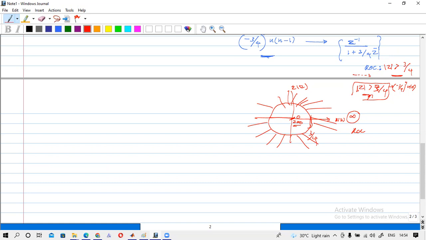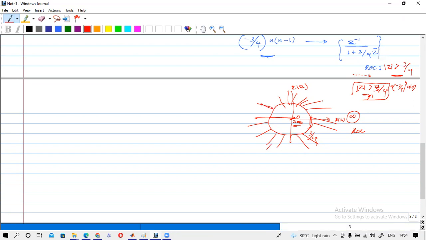No need to find the ROC, but you can estimate the ROC using the property. If we get the original ROC, it will be greater than 3 by 4, this colored dark region. For this one, infinity is in the ROC because it is outside, but 0 is not in the ROC.